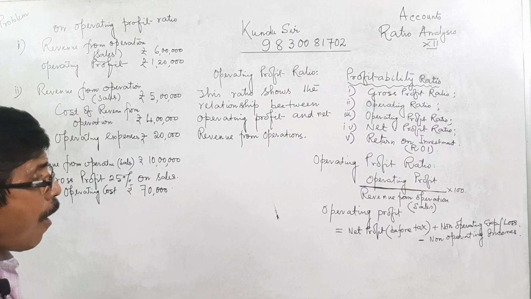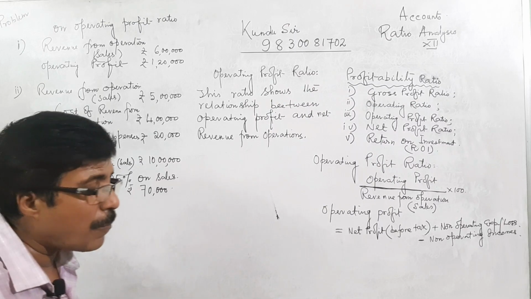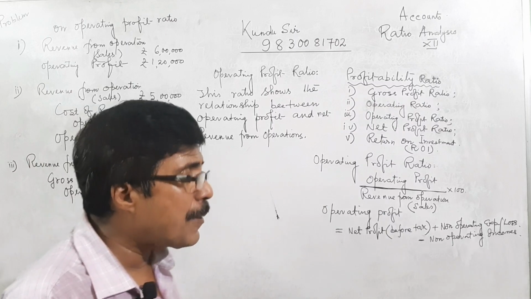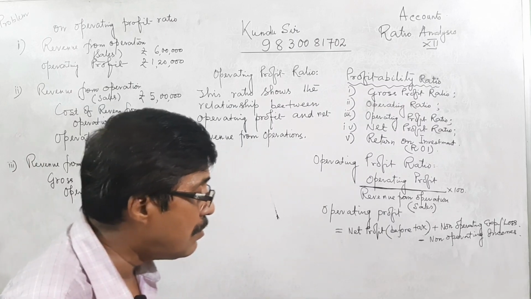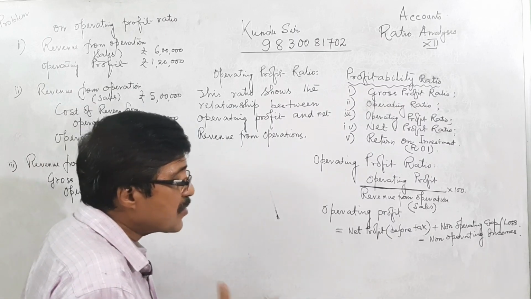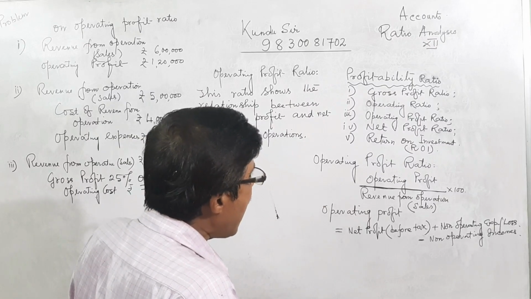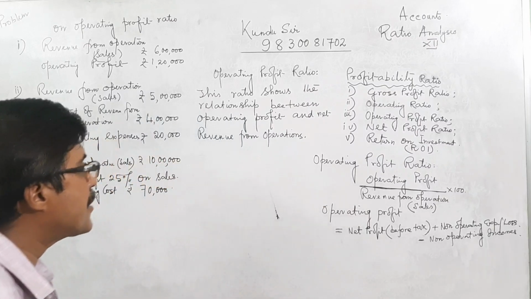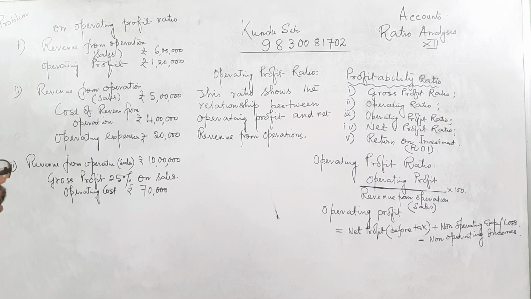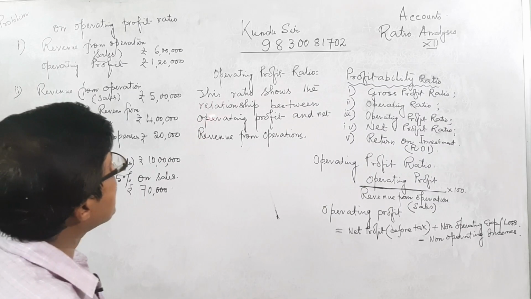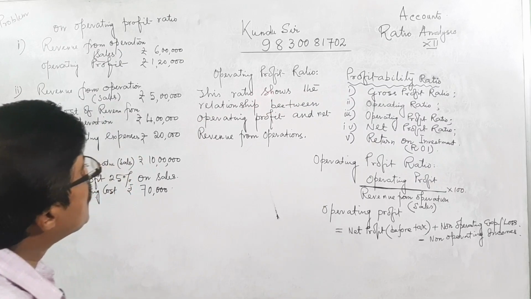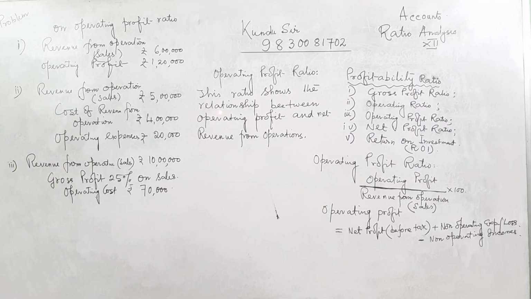That means operating expenses are the examples of employees benefit, depreciation, bad debt, discount, interest, administrative expenses, office expenses, etc. All are the examples of this. So the ratio shows the relationship between operating profit and revenue from operation.